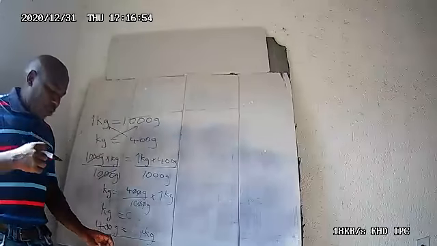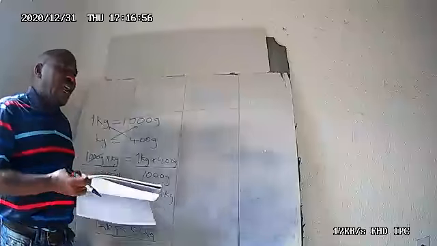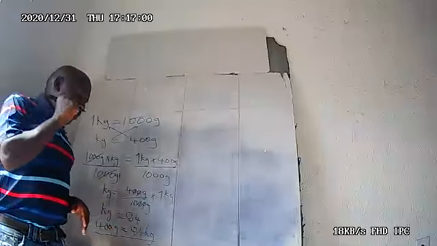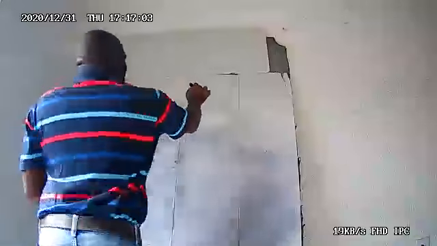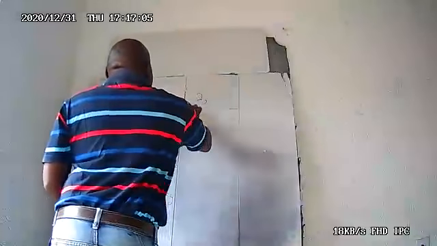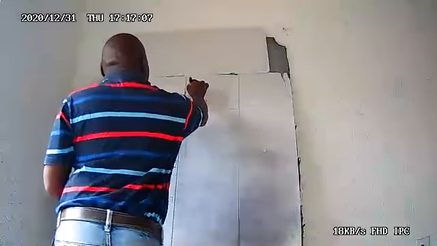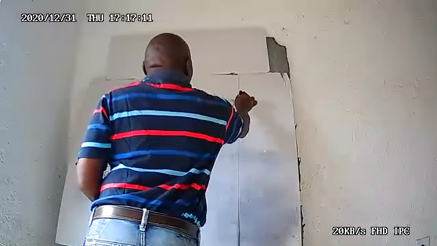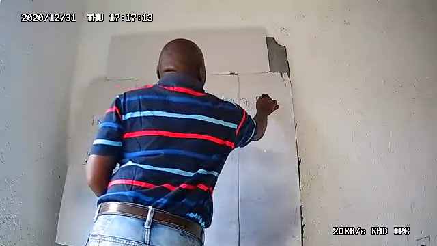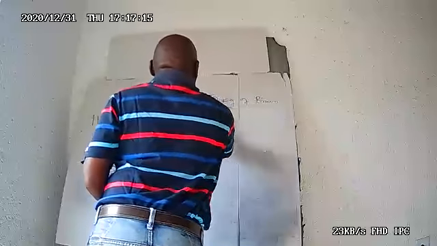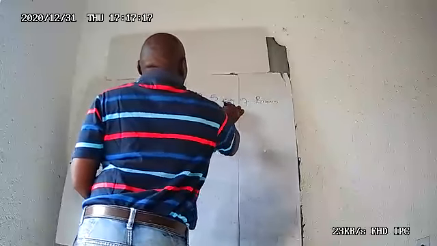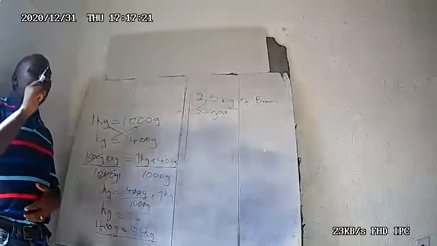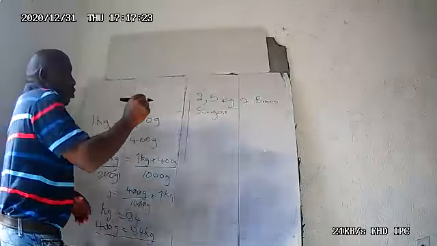Now we go to the second practical example here. I bought 2.5, let me draw a line here, 2.5 kilograms of brown sugar. That is 2.5 kilograms of brown sugar.